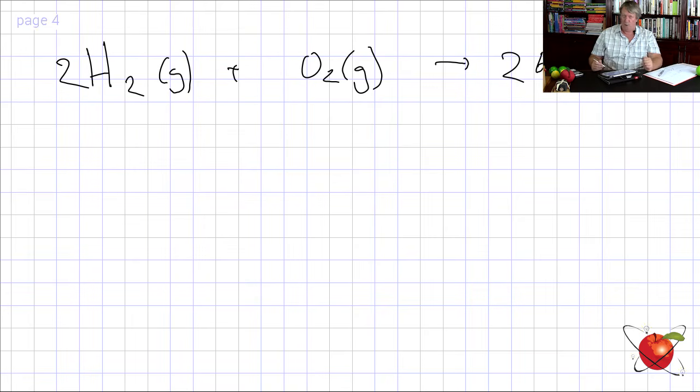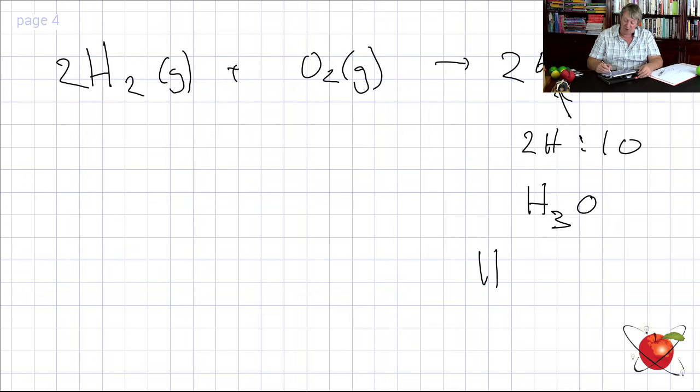What does it mean? It means that there is always going to be a ratio of 2 hydrogens for every 1 oxygen. Why? Because if it's not, it is not water. It's H3O or something else, or, for example, H2O2.